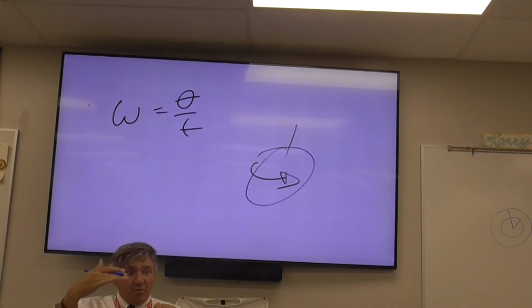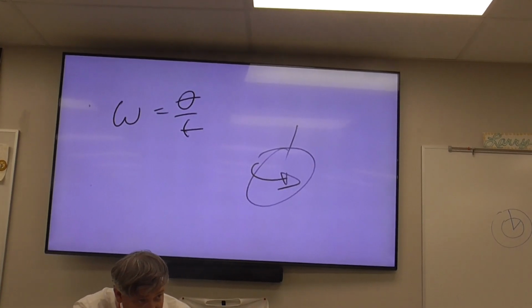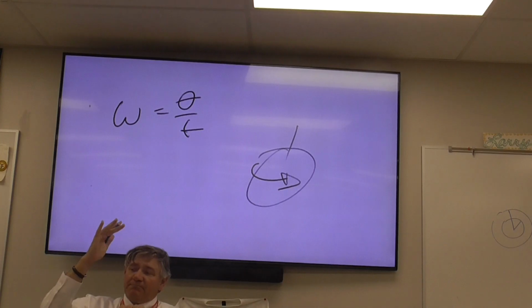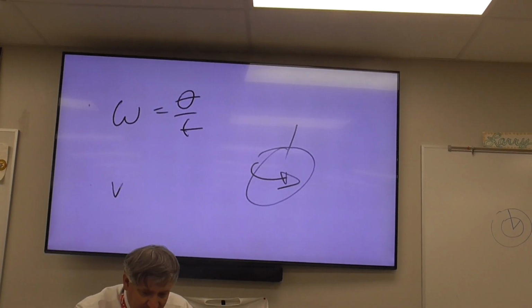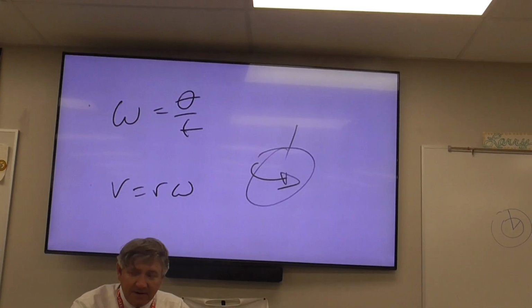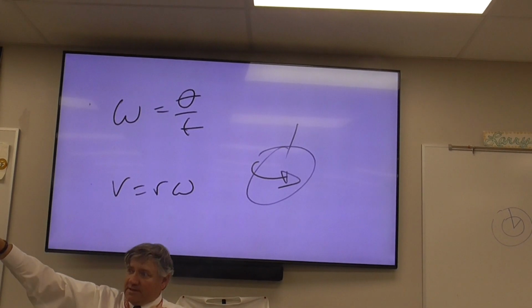That's why I didn't have to give you the radius of the Earth to do number 4. Now, linear velocity, sometimes referred to as tangential velocity, is v equals r omega. That is dependent upon the radius.